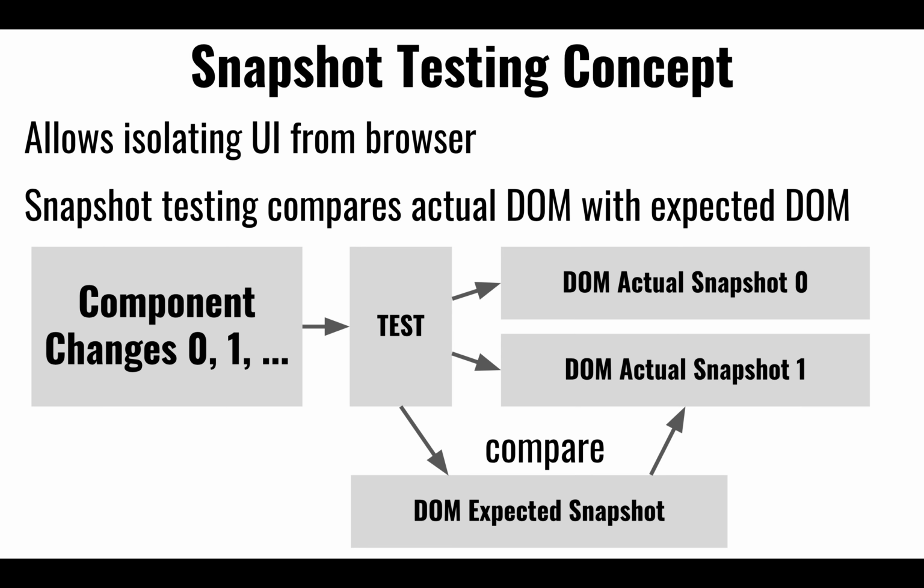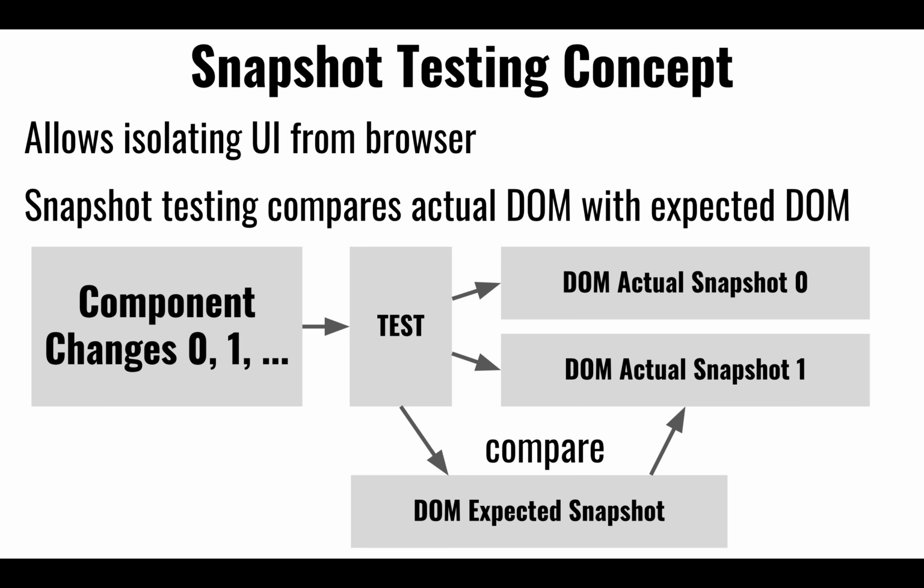These are the actual DOM objects that are being rendered every time we make a modification. We need to compare them to see if that's the actual expected DOM object, that indeed the buttons are where they are and the tables where they are and whatnot.